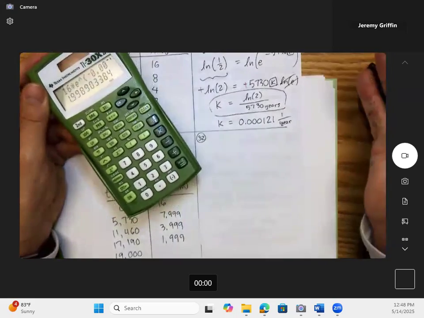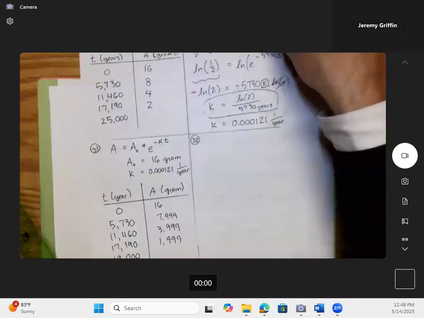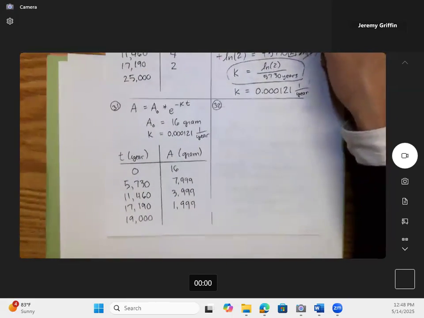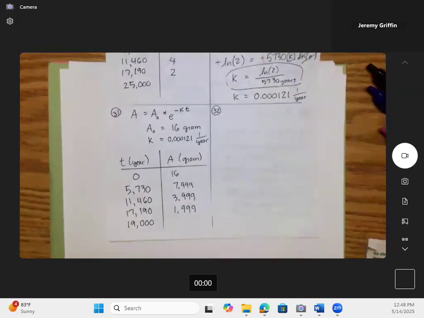So basically 2. And this last one, I'm going to solve off screen and I'll leave it to you guys. So what about 19,000 years? I'll solve it off screen. You guys solve it. Yeah, that looks about right.